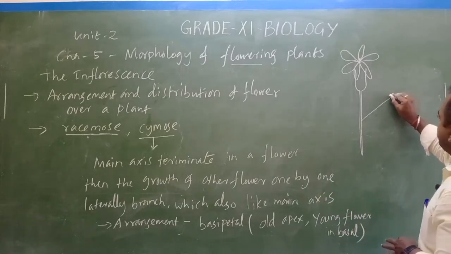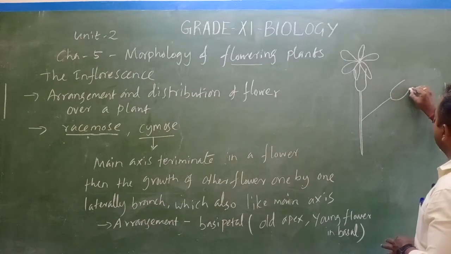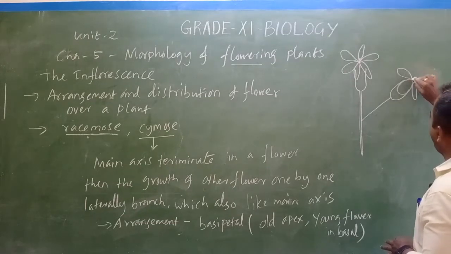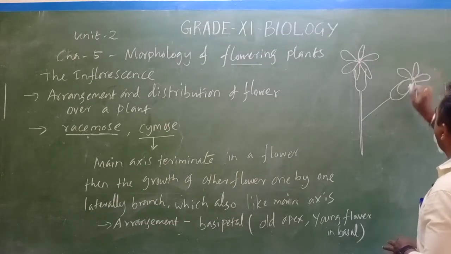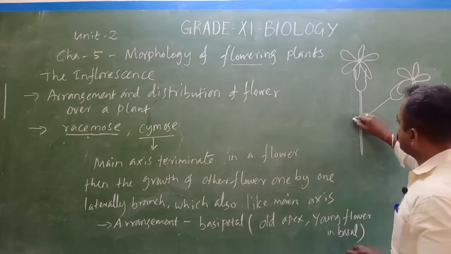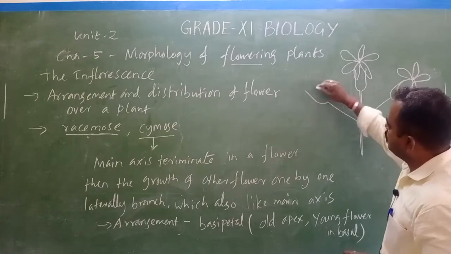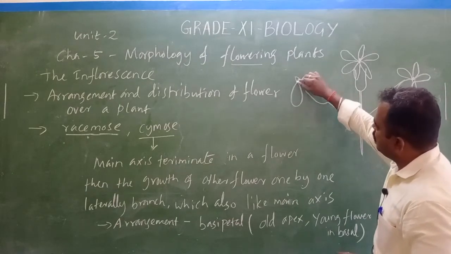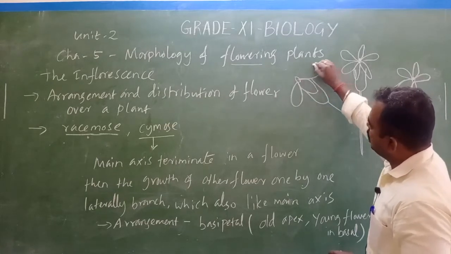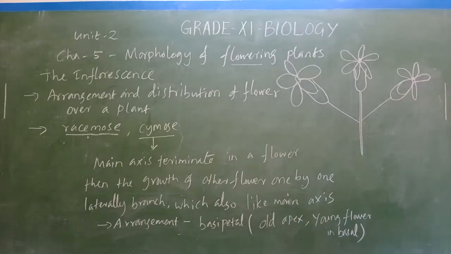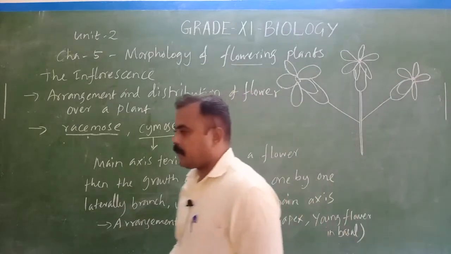In the lateral branch we have flowers, and this side also we have flowers. So what happened here?